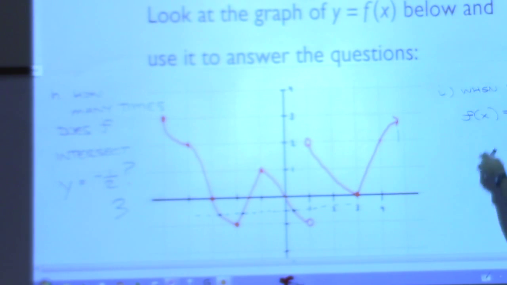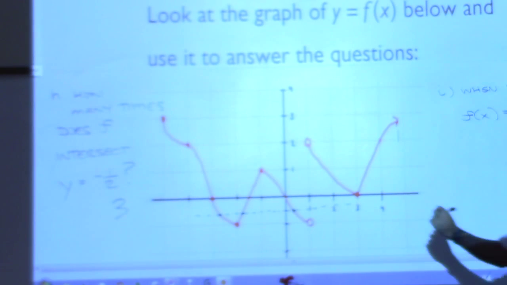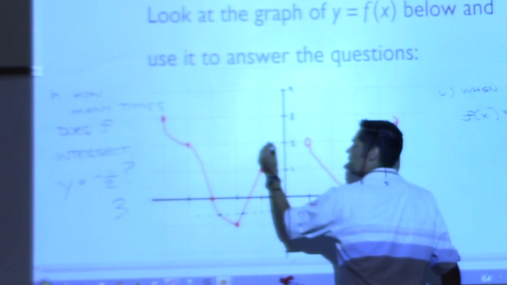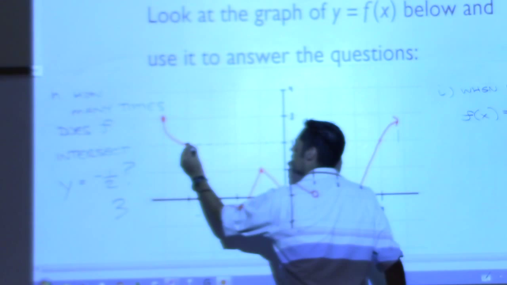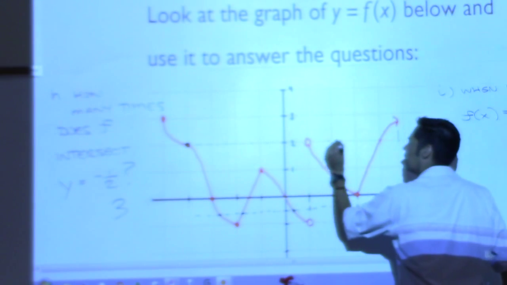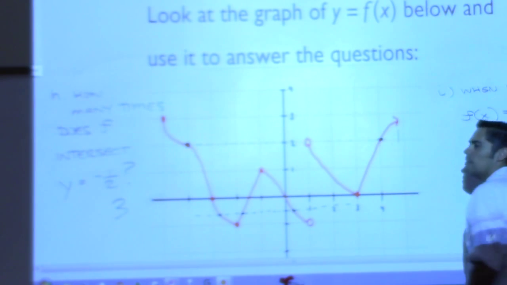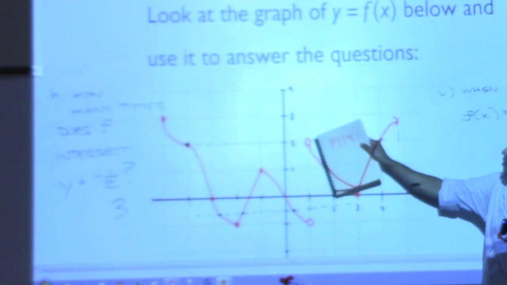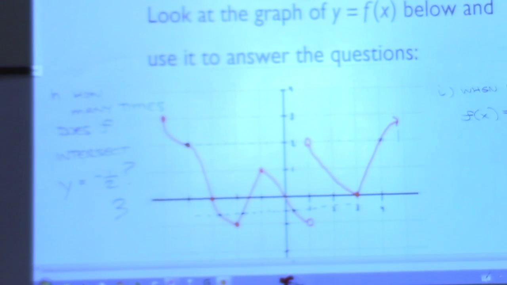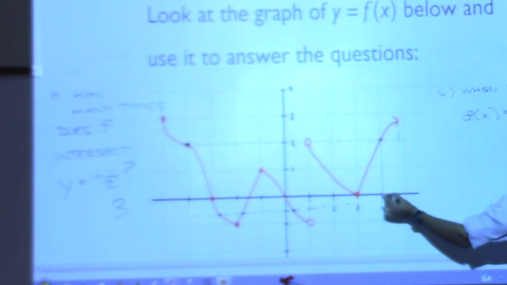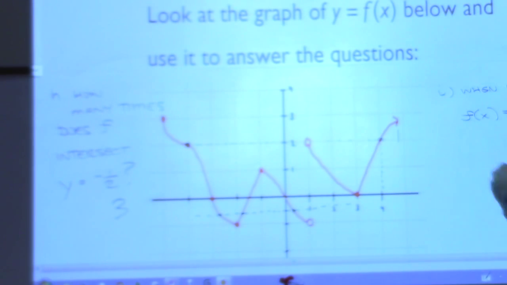When is your function's value 2? So look on the y-axis. Here and here, right? But here that was an open circle, so I don't count that. So I know it happens twice, but when it says when is this happening, they mean what x value makes it happen. So when x is equal to 4, or what was it over there?